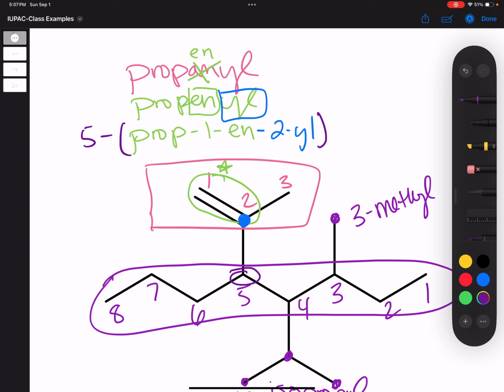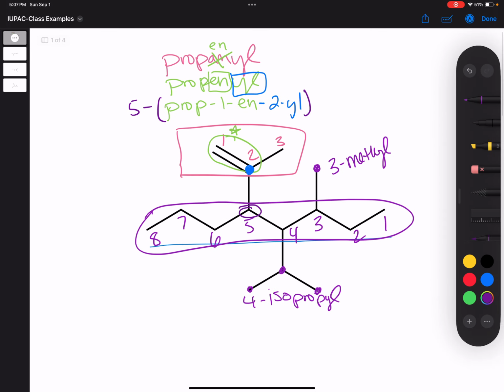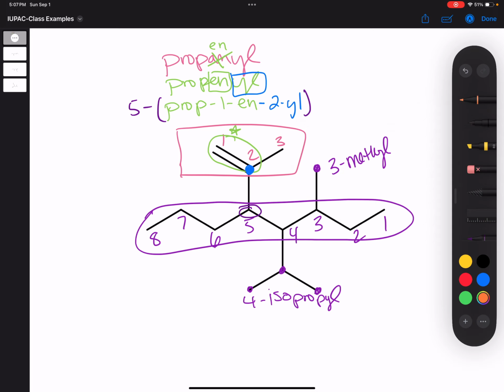So now what I want to do is combine all of my substituents and my parent into one name. And to do that, I'm going to look at the first letter of all of my substituents and see which comes first. So I comes first before M and P. So I have a 4-isopropyl.